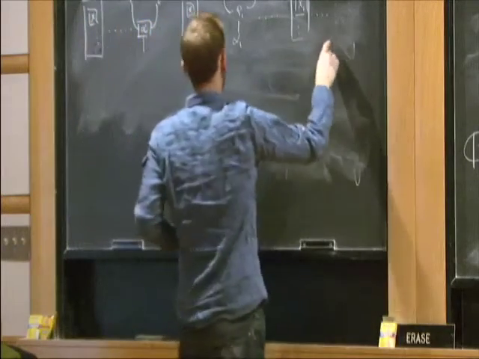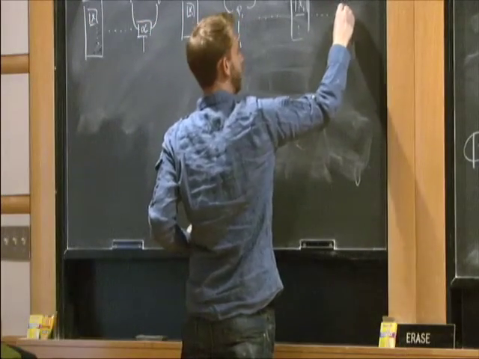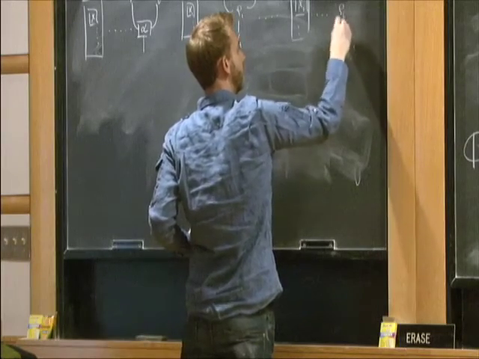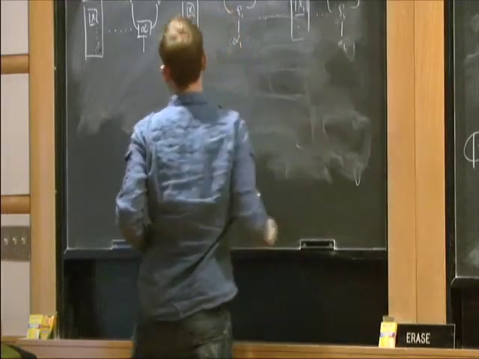The dotted things are going to mean an arbitrary pasting diagram. So rho I, alpha I. Okay?